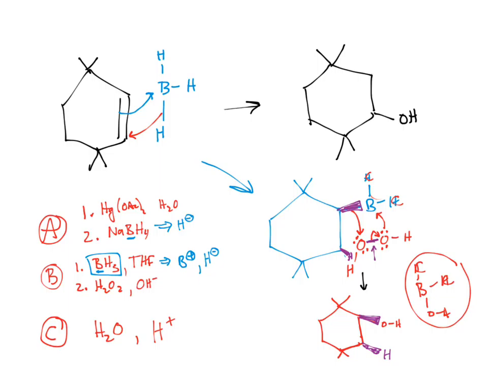C does rearrangements, B goes syn addition, but then non-standard addition. And then A gets us a standard addition, H and OH, in a complex stereochemistry system, so we end up ignoring the stereochemistry. Okay? Questions about that?